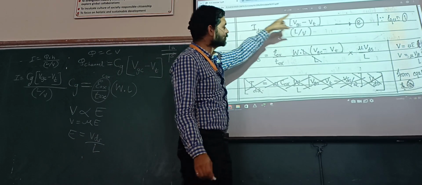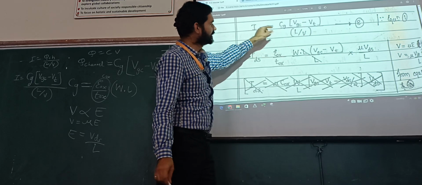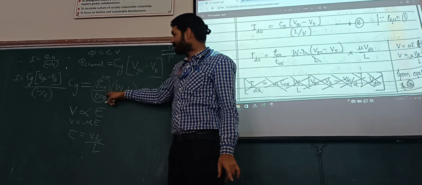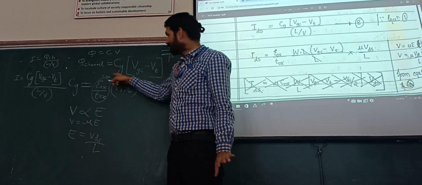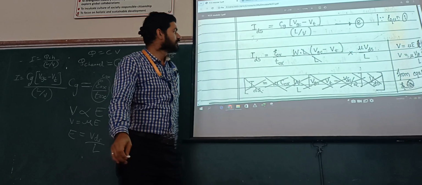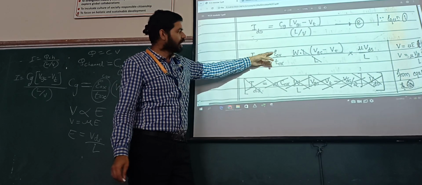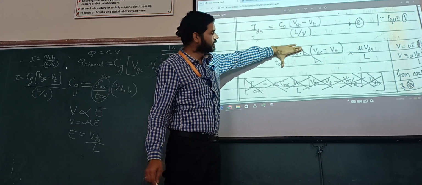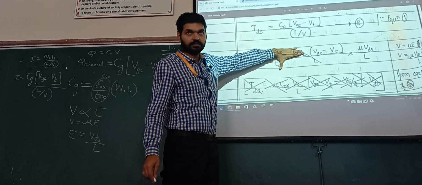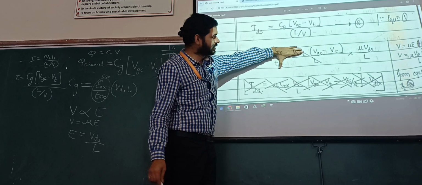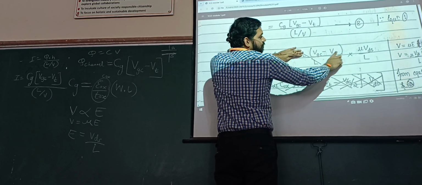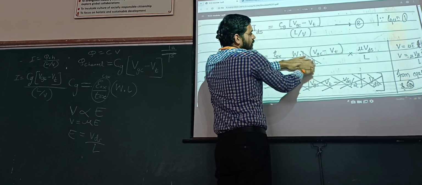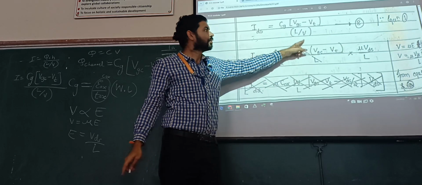What else can we substitute here? We have CG. What is CG actually? Epsilon ox by T ox into W into L, or Cox into W into L. So epsilon ox into T ox into W into L, this is CG. This is kept as it is, L is kept as it is. What is V?